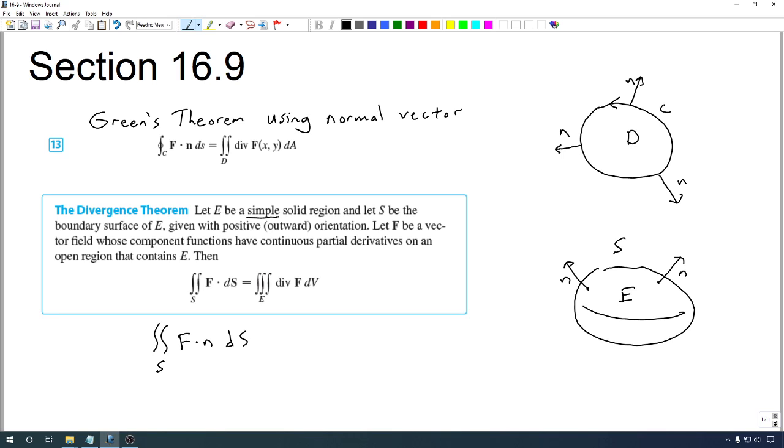In fact, the main thing is that the boundary surface S needs to be smooth enough for it to actually work. It needs to be piecewise smooth. That's pretty much the main thing that we would be worried about. But other than that, we're essentially just relating the surface integral of a function over some boundary to the triple integral of the divergence on the inside.